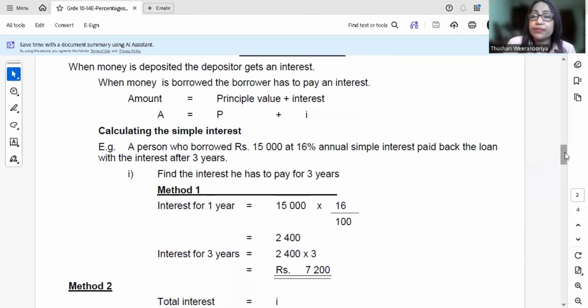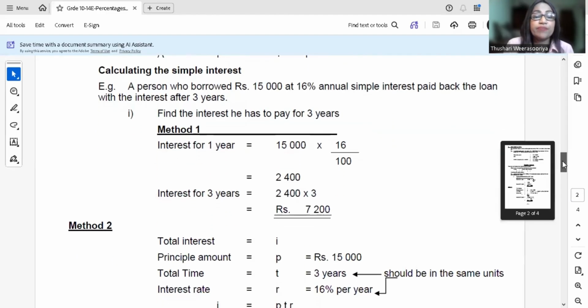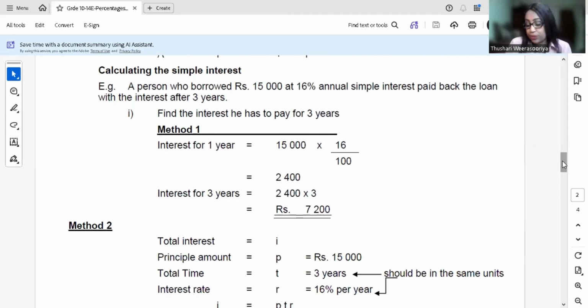Under simple interest, there are 4 types of questions. In the exam, you get different types of questions there. We'll take them one by one. Type 1, calculating the simple interest. But as I told you earlier, when it comes to mathematics, you have a lot of methods. Some people have easy methods, some have long methods.